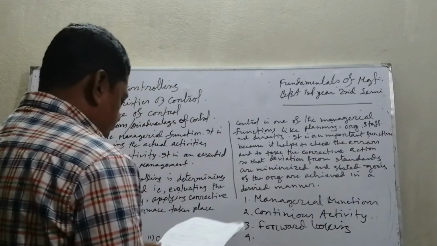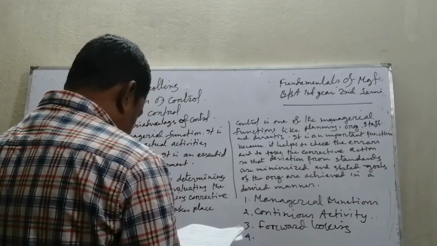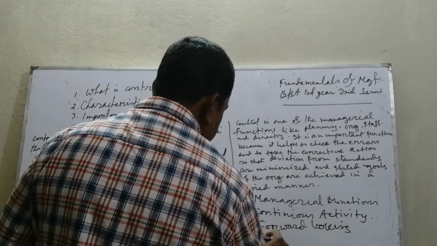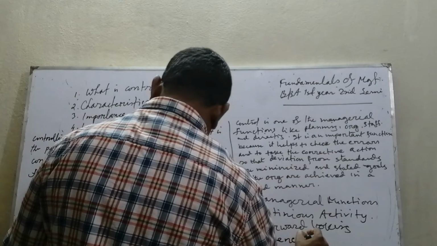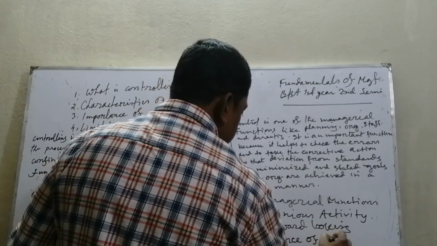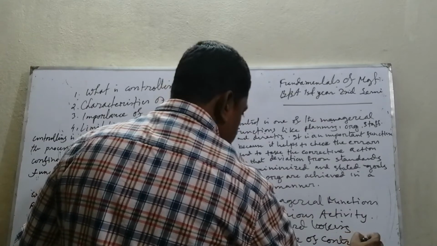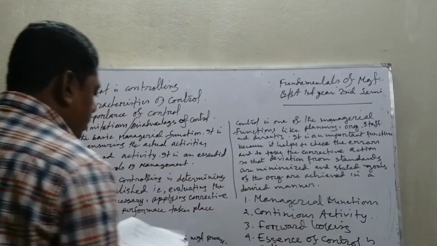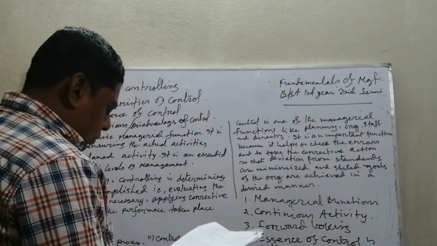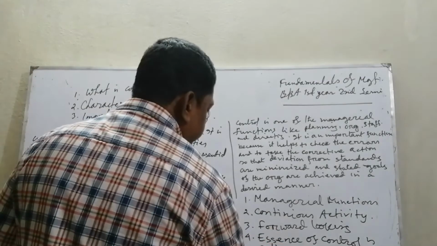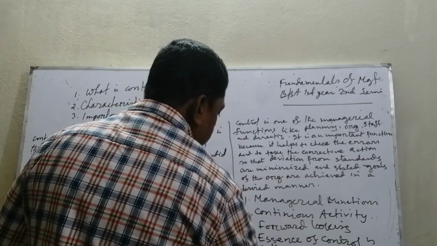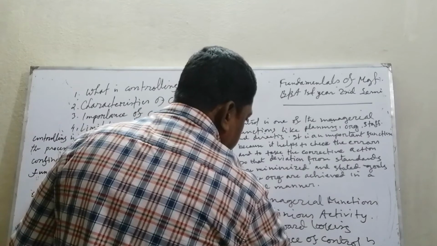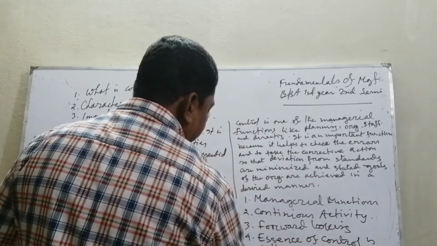And the fourth characteristic, essence of control is action. And the fifth characteristic, control is both negative and positive.